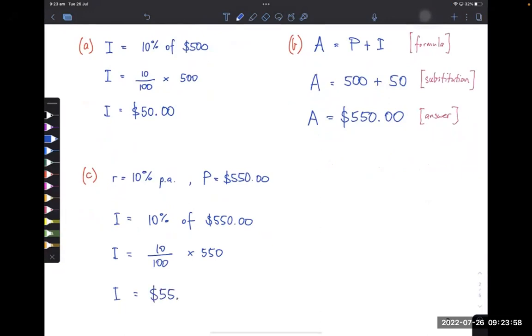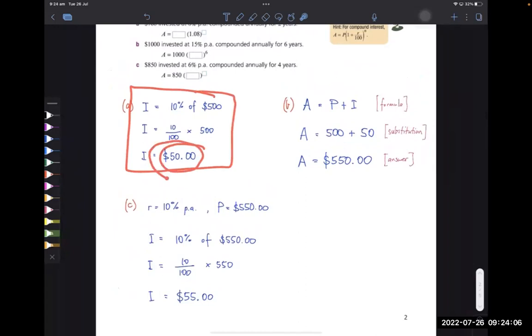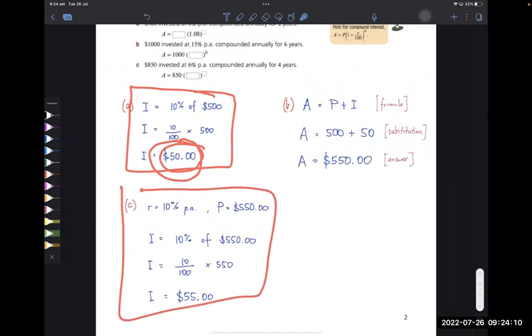Dollars and 0.00. Excellent. So notice here, this is how much interest you gain in the first year. You only gain $50. How much interest are you gaining in the second year? You're gaining now 55. So notice it snowballs. You actually get more. Every time when you compound, you get more on top, more on top.